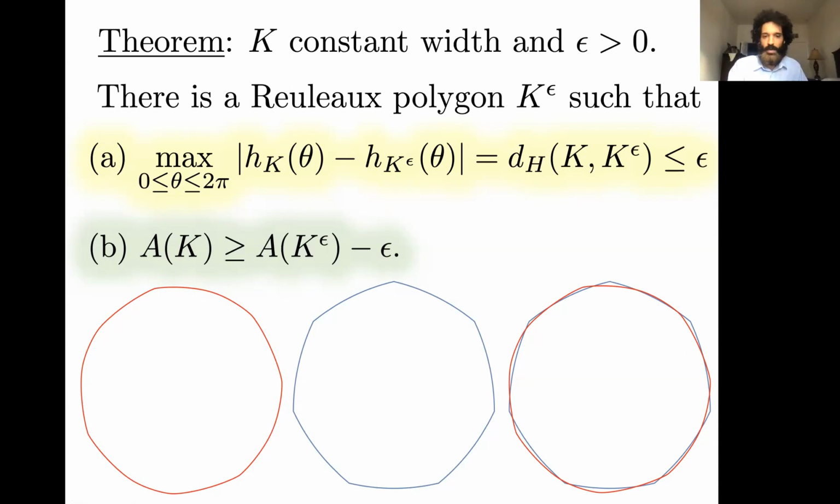Just looking at it, I thought, well, it looks like it has about 7 sides. So I just plotted a regular Reuleaux heptagon and superimposed these two, and it's not a bad approximation.